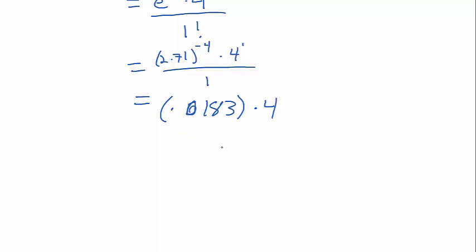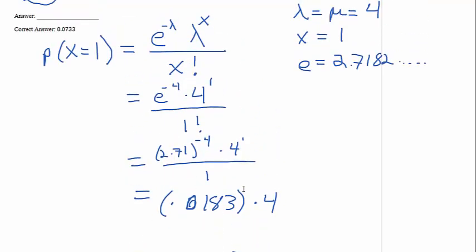And I just multiply that by 4, and I get 0.0732, or 0.0733, right, because I'm rounding here. And that's what that is, 0.0733.